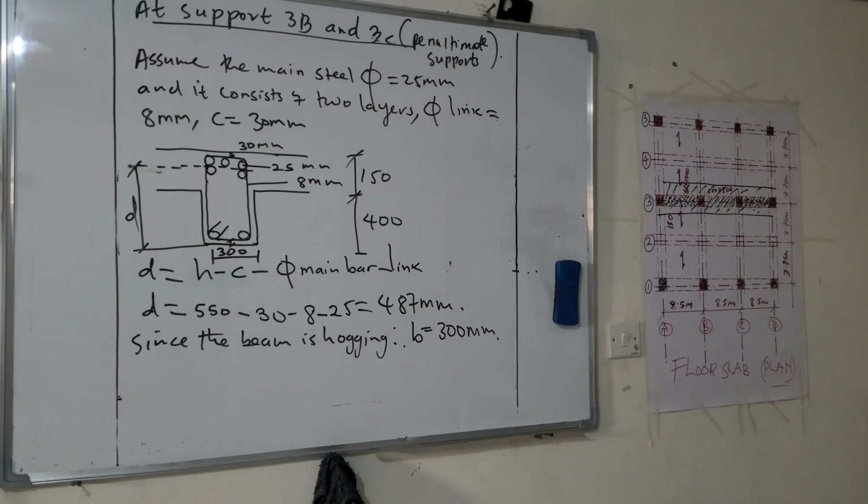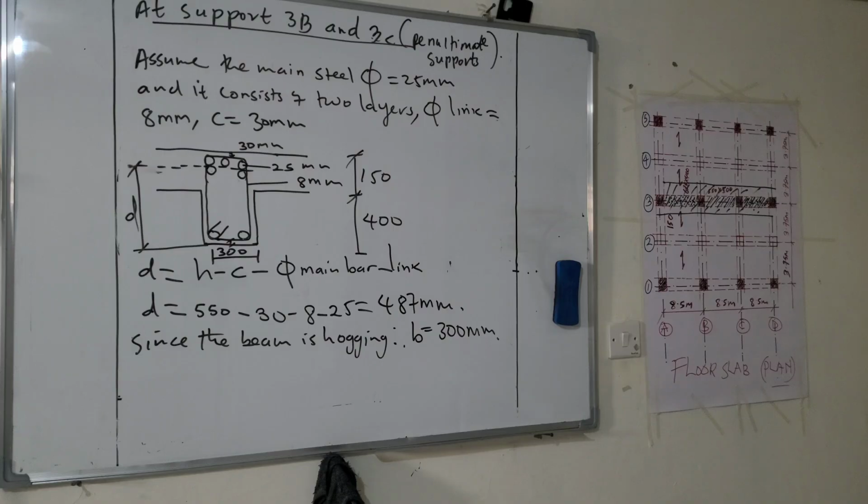Therefore, B should be taken as the actual width of the beam. So where we have the negative moment, B should be taken as the actual width of the beam, which is 300.